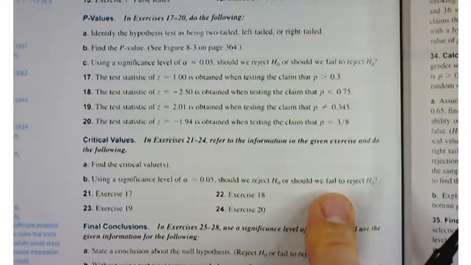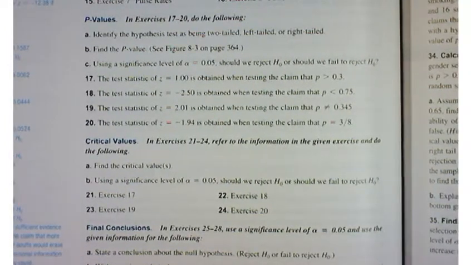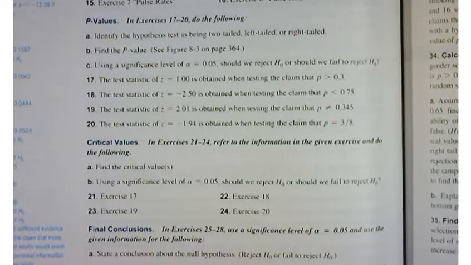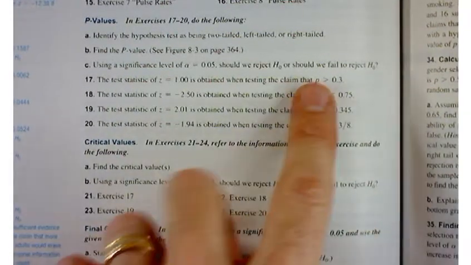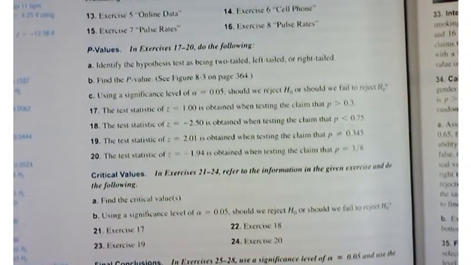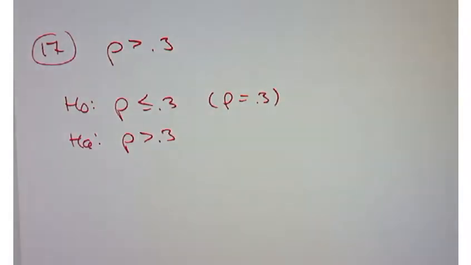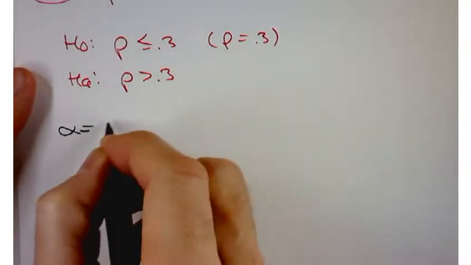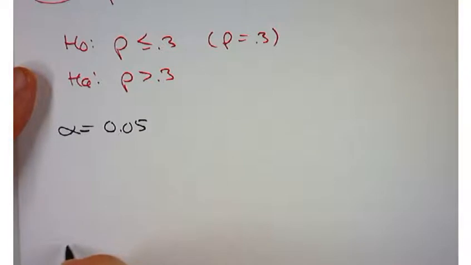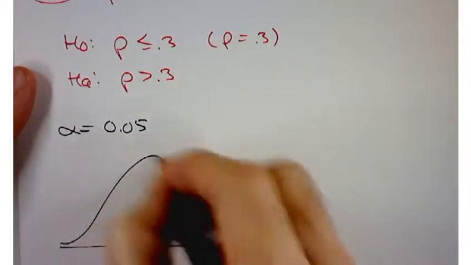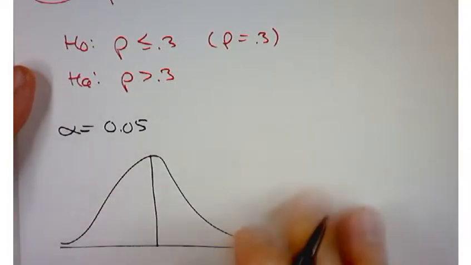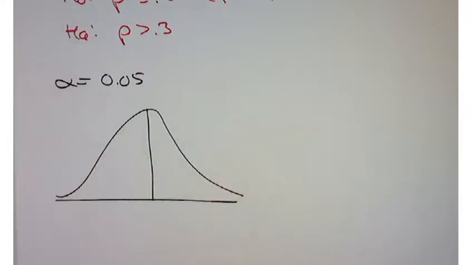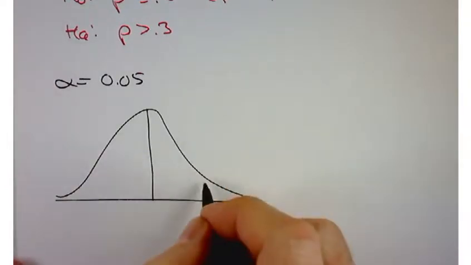So, okay, let's do that. Let's set up a little test for this. We're going to have a right tail test, and we're going to use alpha is 5%. What that's going to do is put 5% of the area in the right tail.